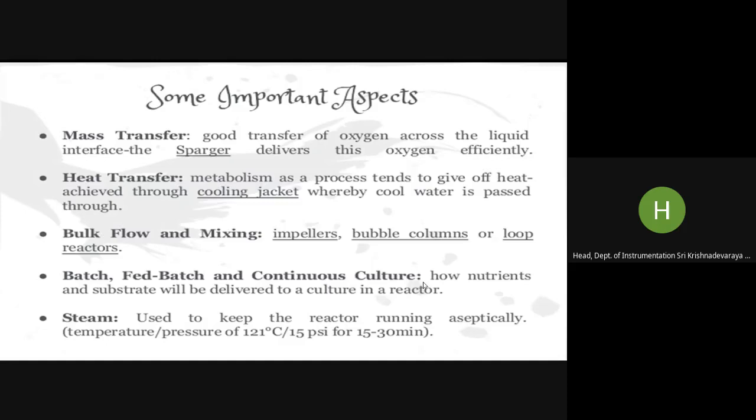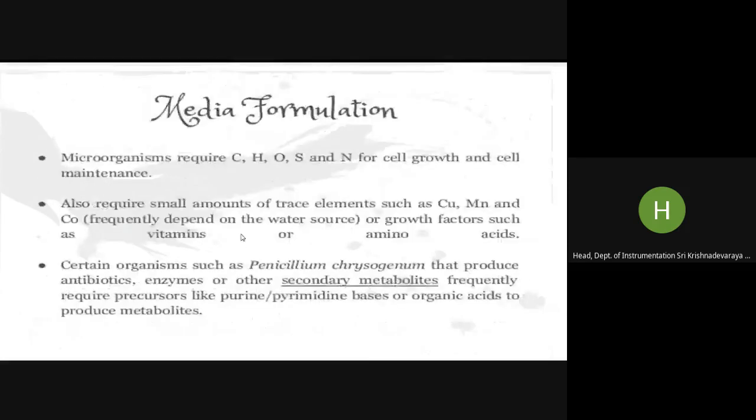How nutrients and substrate are delivered to a culture in a reactor is normally what we call a batch. Steam is used to keep the reactor running aseptically, because a temperature of 121 degrees centigrade and a pressure of 15 psi for 15 to 30 minutes sterilizes the whole culture initially, and then it is maintained at 24 degrees centigrade for fermentation for 5 to 6 days.